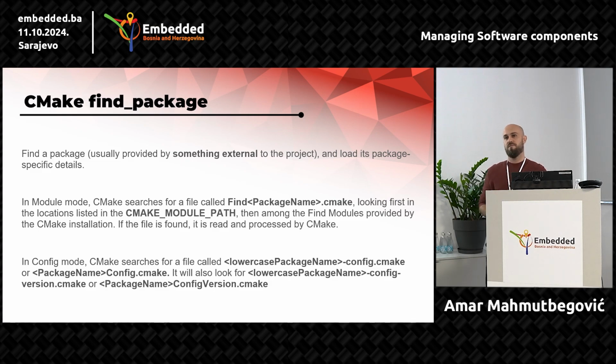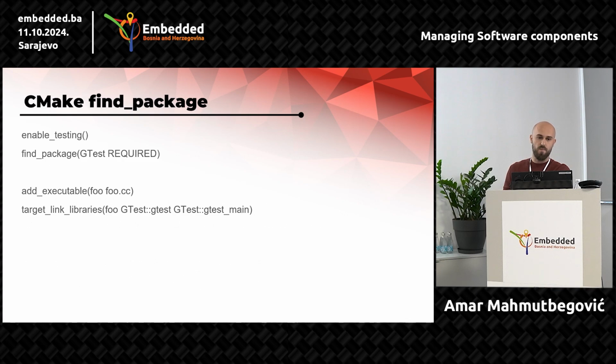CMake also offers find_package. It finds a package, usually provided by something external to the project, and loads its package-specific details. What CMake does when we use find_package is look in certain places for files named Find<PackageName>.cmake or <PackageName>Config.cmake, and then it allows us to use it in our CMake project.